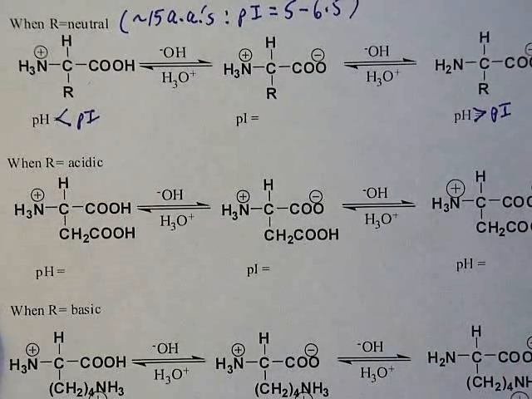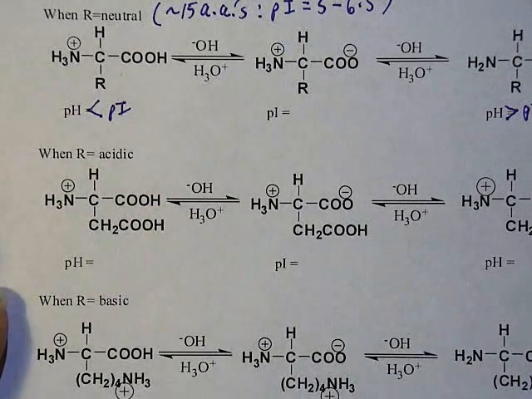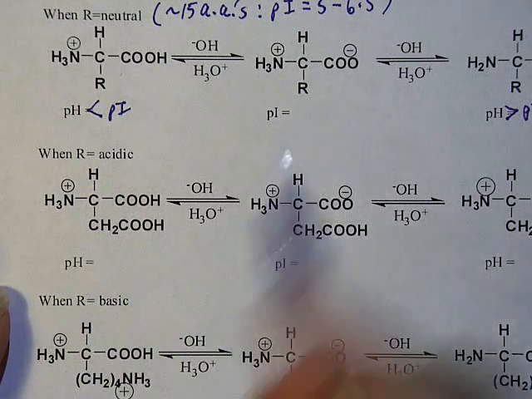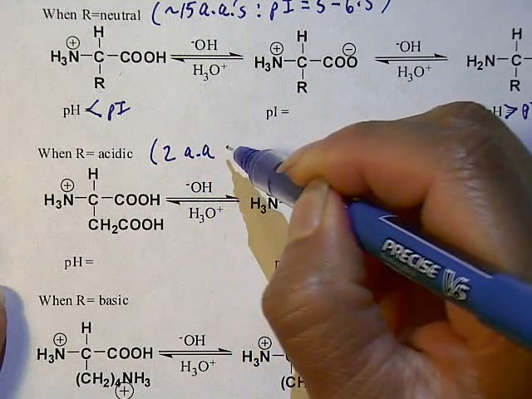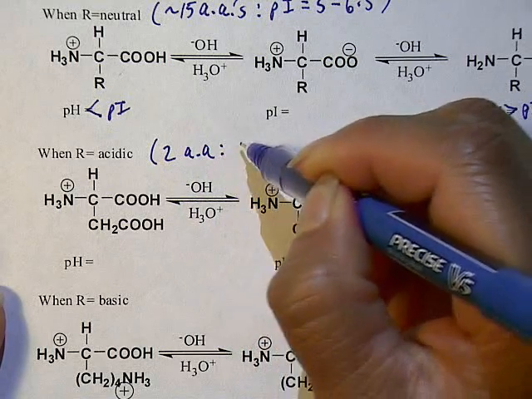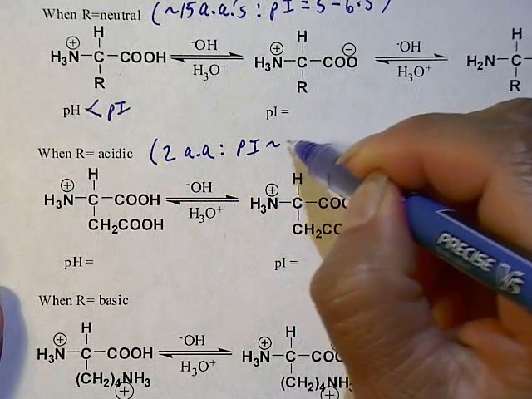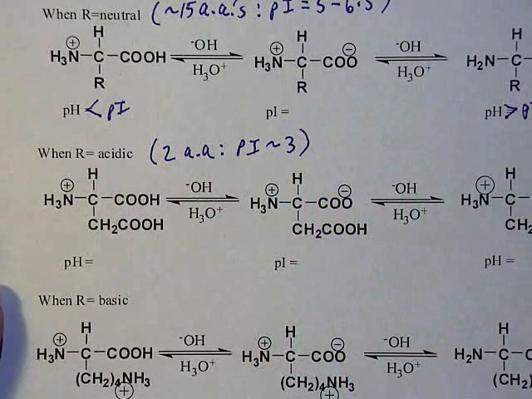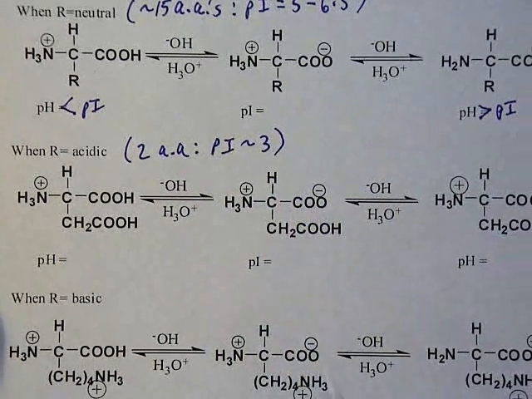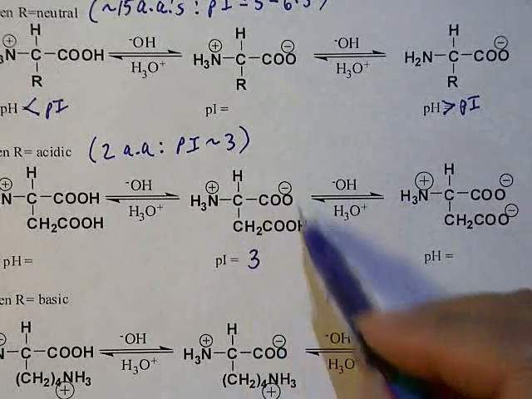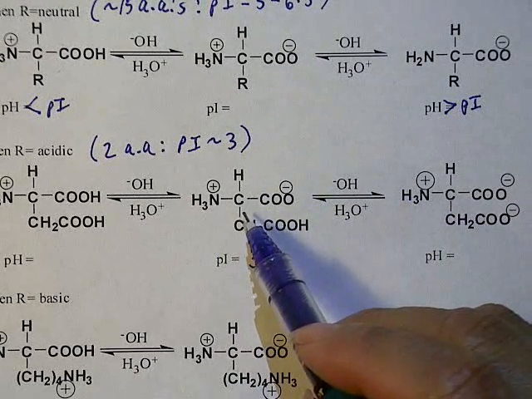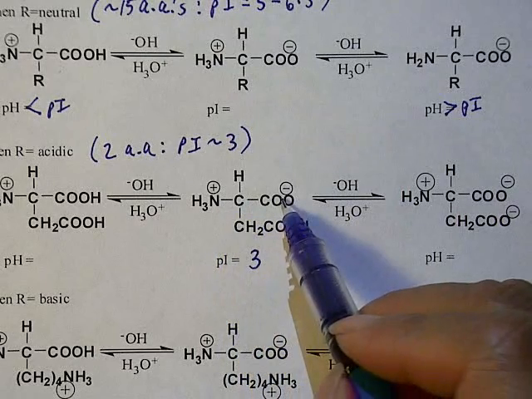Okay, the complication occurs when the side chain also has an additional acidic or additional basic group. So let's look at glutamic and aspartic acid. And this applies to the 2 amino acids that are acidic. And the pIs of these two are around 3. So that means this is the zwitterion, the neutral species, and notice the plus and the minus.